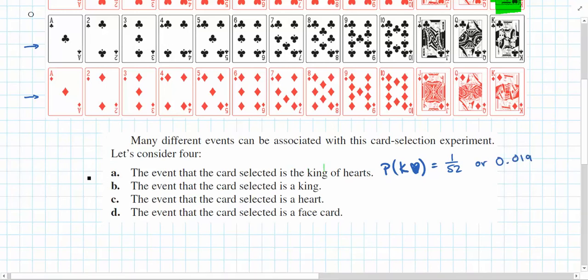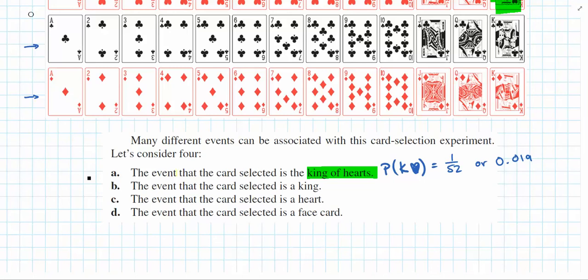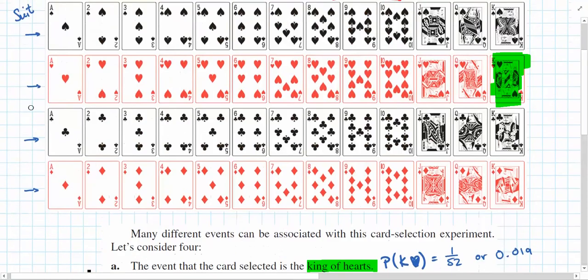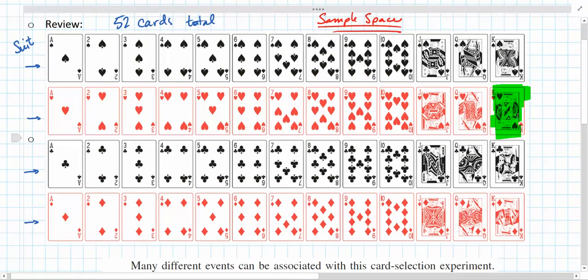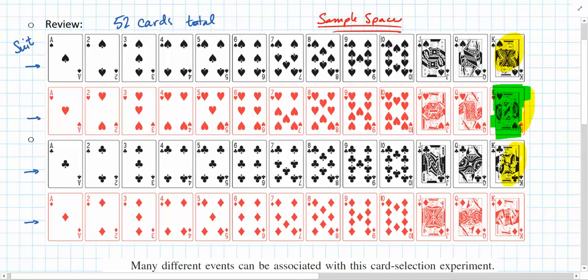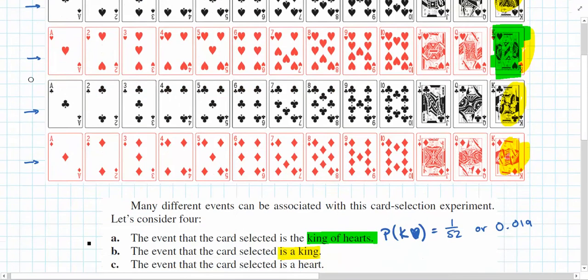So that takes care of the probability of the event that the card selected is the King of Hearts. Let's look at our next one. What's the probability of the event that the card selected is a king, just a king period? Well, this one's going to be a little bit more common, a little bit more likely to occur, because all I have to do is find every king that shows up in this deck, and there are 4 of them.